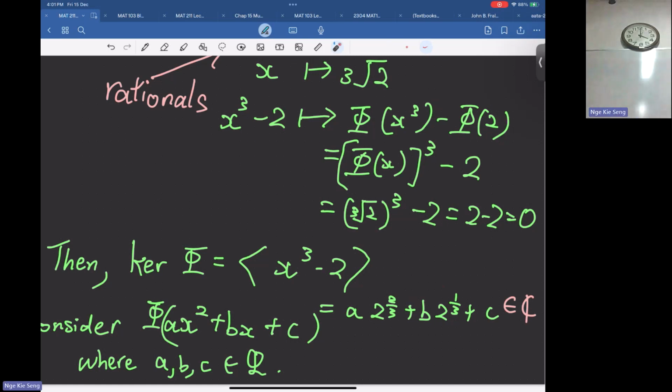But this linear independence is with coefficients in the rationals, not in the reals. You cannot find a rational such that you multiply it by 2 to the 1 over 3 to get 2 to the 2 over 3, or to get 1. Okay. Proof.